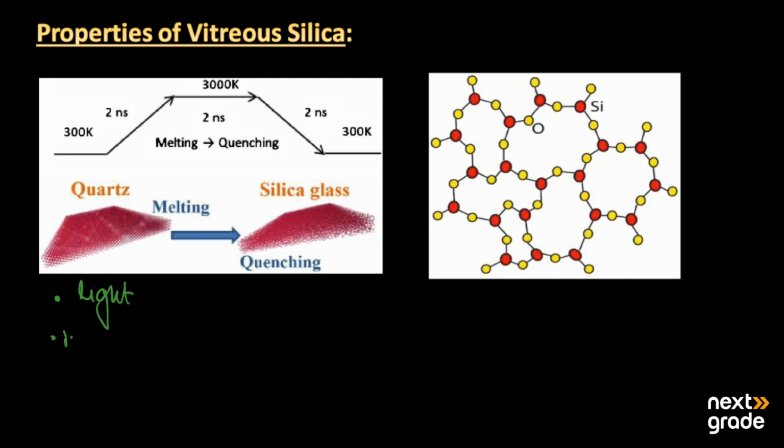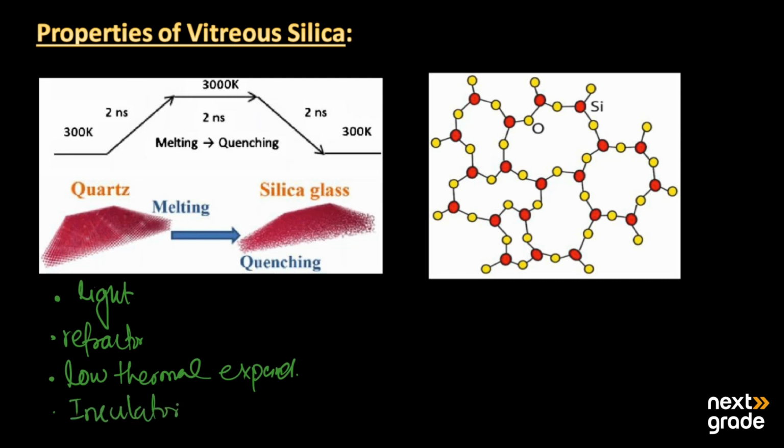It is very refractory in nature, it can refract light, and it has low thermal expansion, meaning it expands only slightly with heat. It is used as an insulator. Now you must know what vitreous silica means.